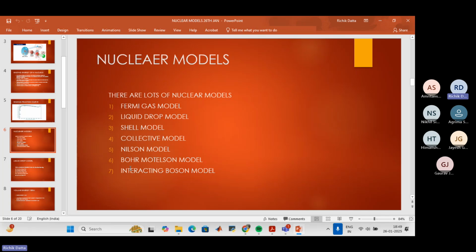Out of these, three are most important: the liquid drop model, the shell model, which is the most acceptable model these days, and the collective model.